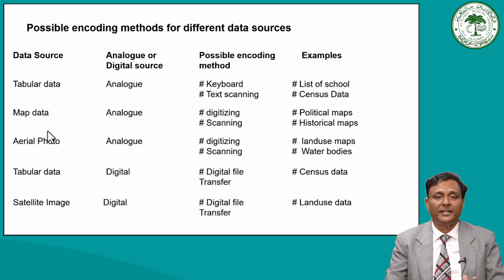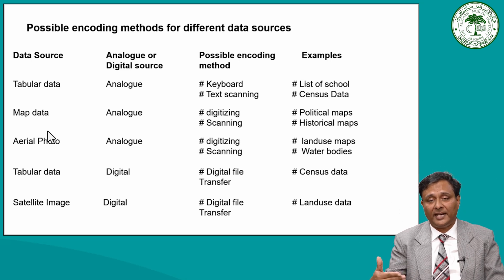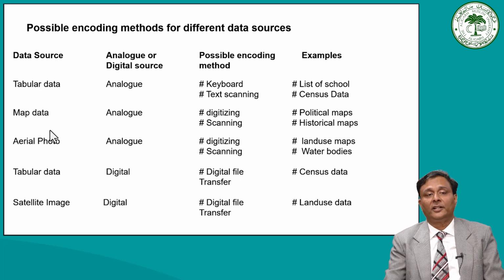Another can be the map data. For example, any political map, political boundary of any state or tehsil or a district, or even for any nation, and then we add any attribute information to that, which makes the spatial information.